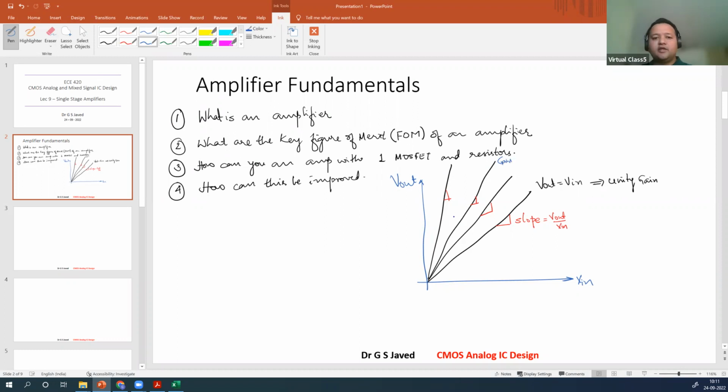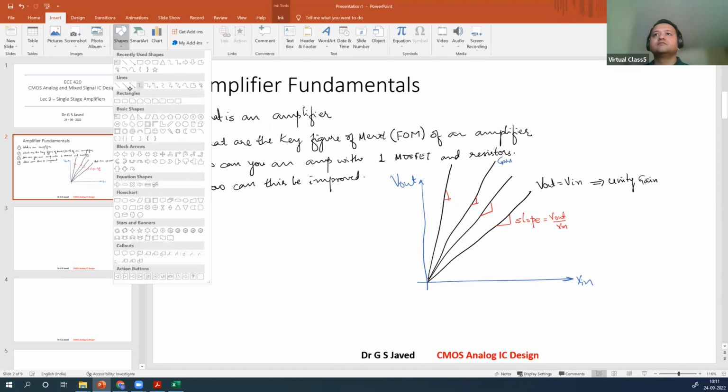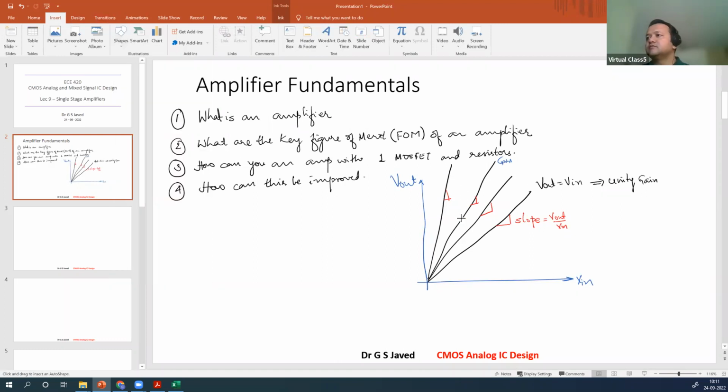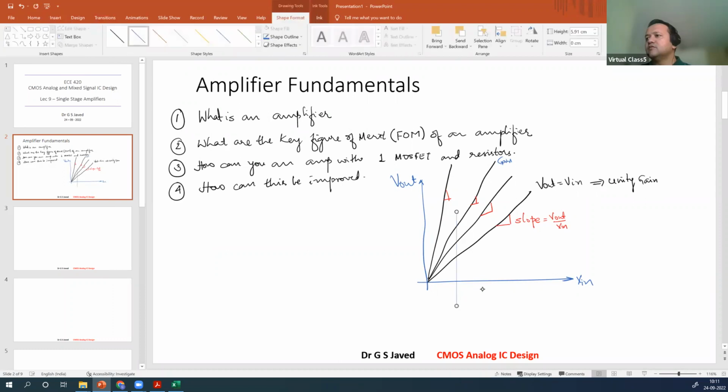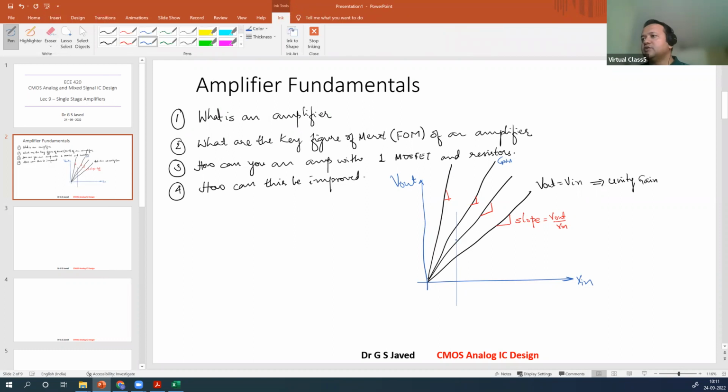Now, assume you use this graph for gain, right? And you send an input signal to this one. This is my input signal. So line around which it will go. So I'll give a small input signal here. So this is the maximum and minimum range that you have.